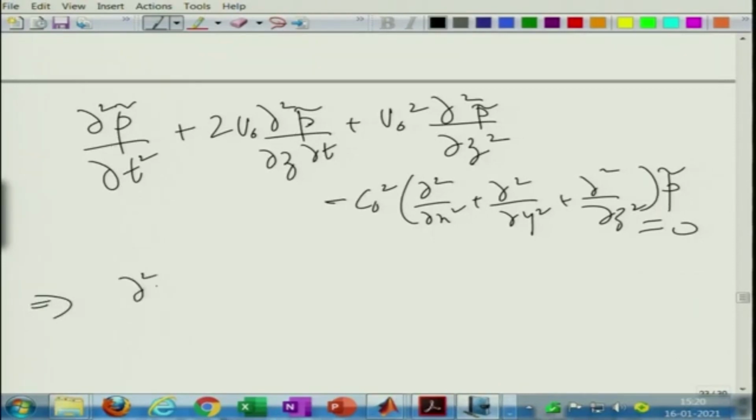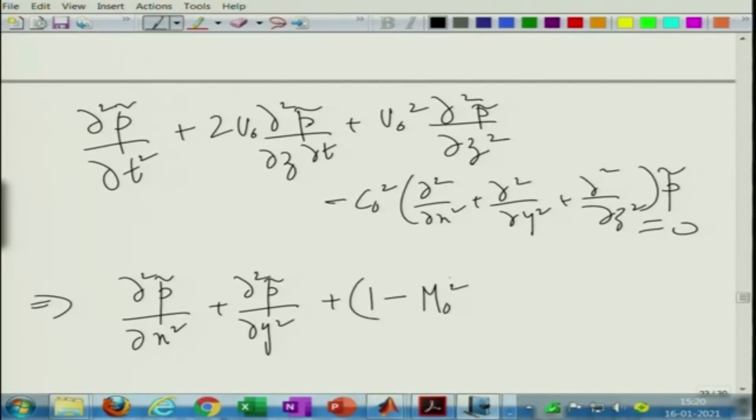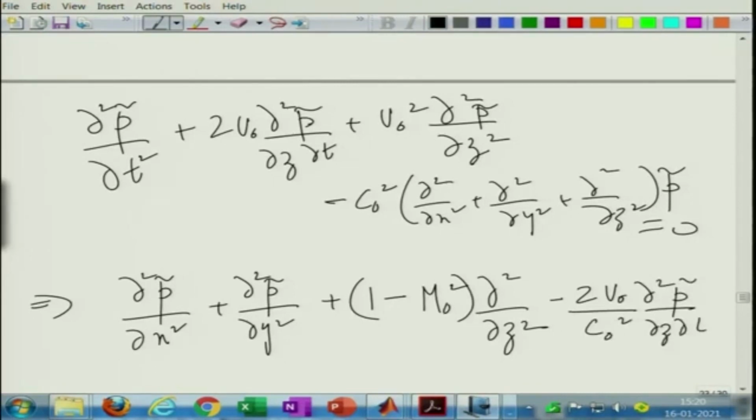What we could do is simplify the algebra to get the following. This will become 1 minus M naught square, minus 2 by u c naught square. This is exactly what we saw a few lectures back for the one dimensional case, and so this also occurs in your 3D case.